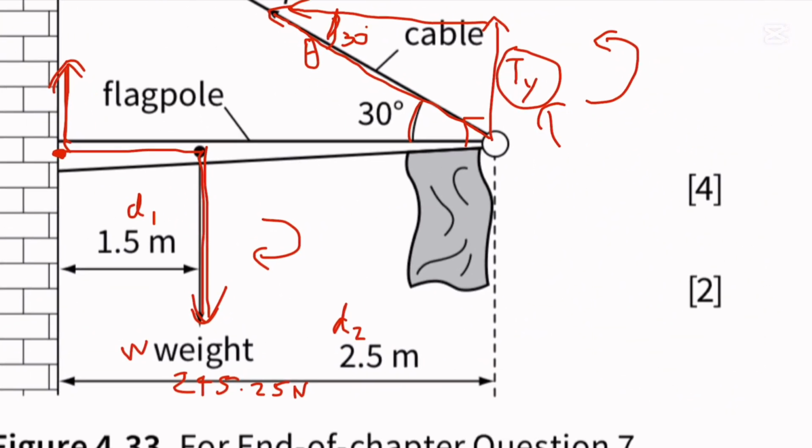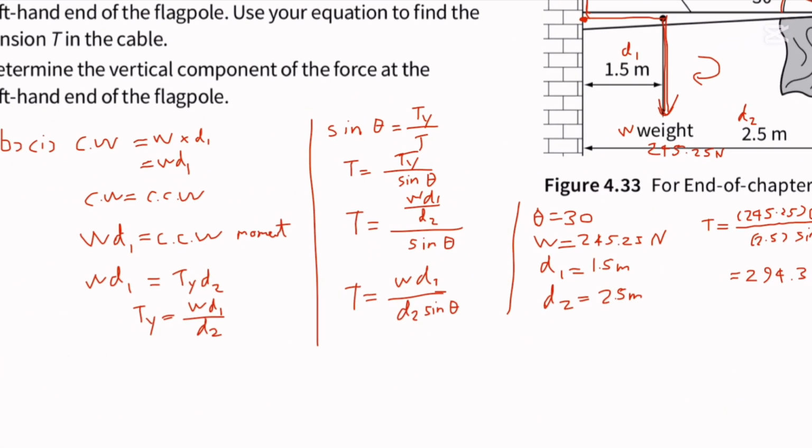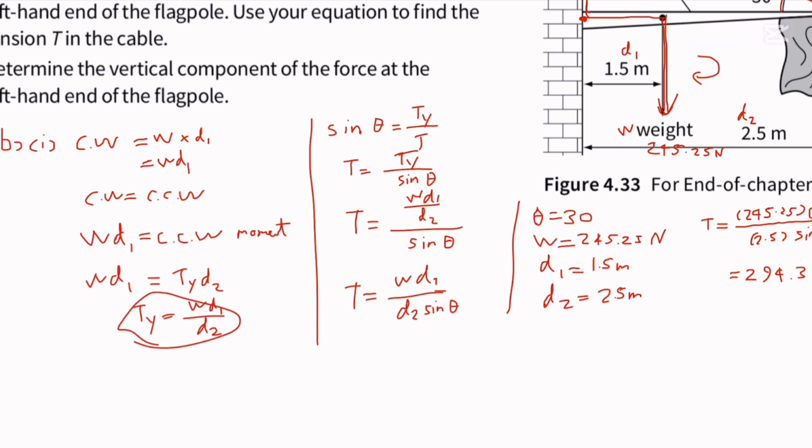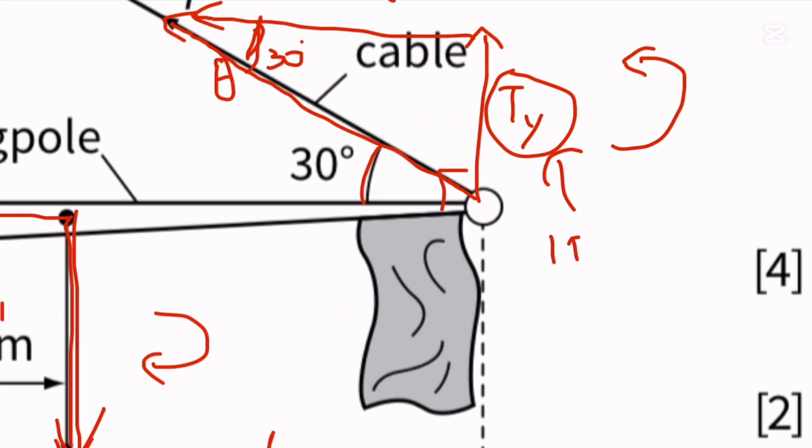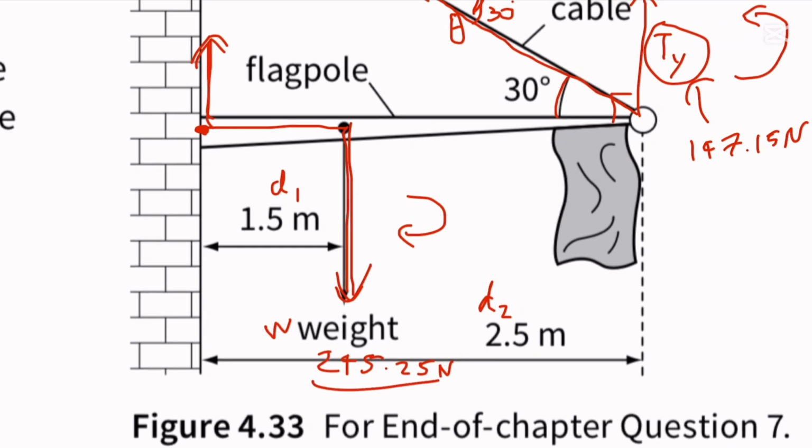We don't know the vertical tension force, so we'll find the vertical tension force in this, which will be 245.25 multiplied by distance 1.5 over D2, which is 2.5. About 147.15 newtons. So as you can see, the weight is 245.25 newtons.